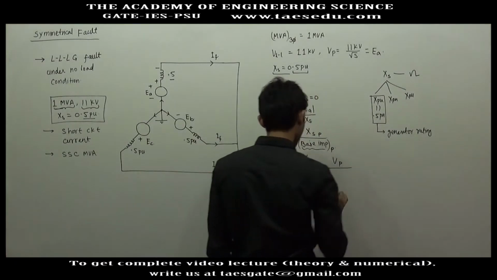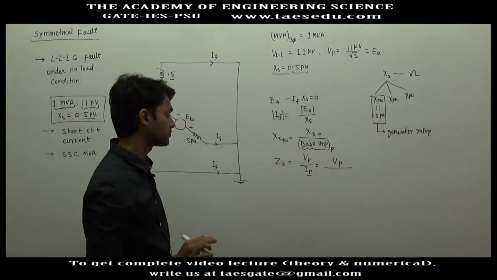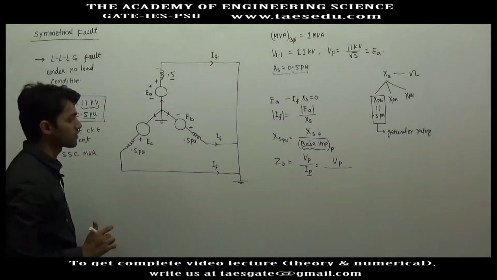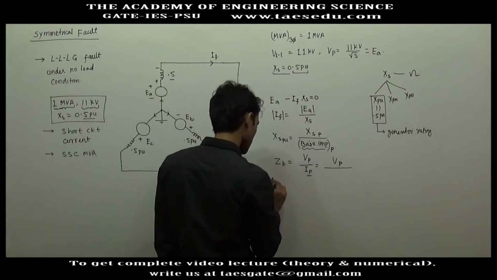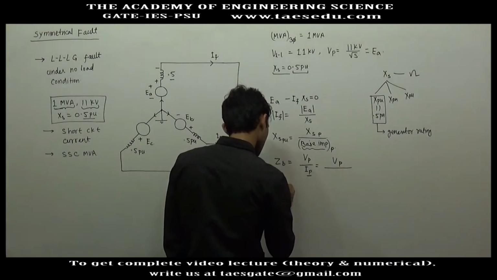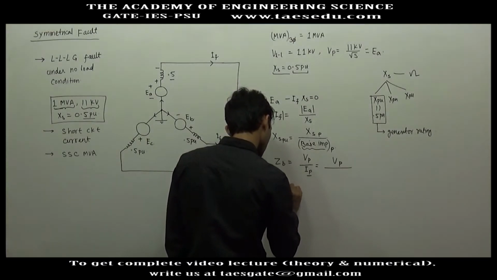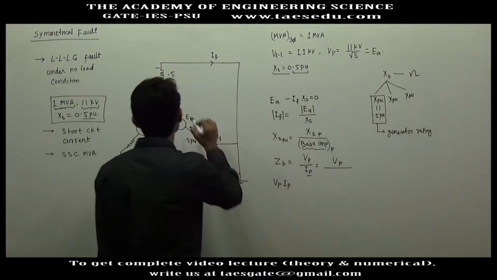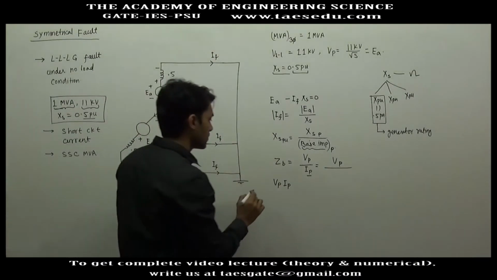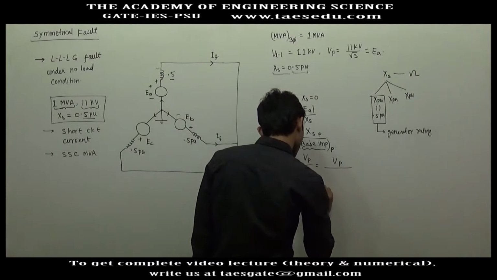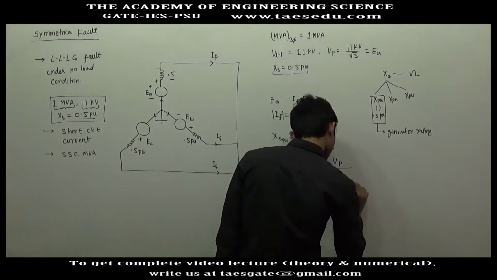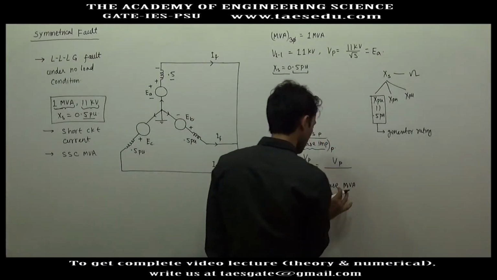And what will be Ip, the phase current? Phase voltage into phase current will give you the per phase MVA, or per phase VA.